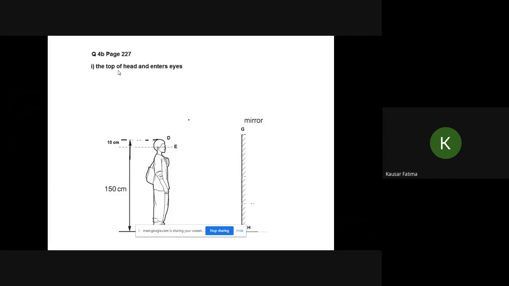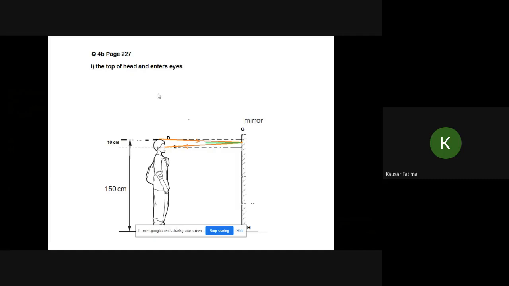First part, the top of the head, you have to draw one ray from the top of the head and it enters the eye. So let's see, from the top of the head and enter the eye, it is striking the mirror and it has to obey laws of reflection. So it means it will reflect from the surface of the mirror and it will enter the eye of the person. This is the normal shown in green color, it is entering this eye of the person.